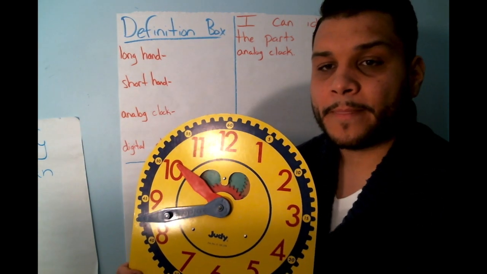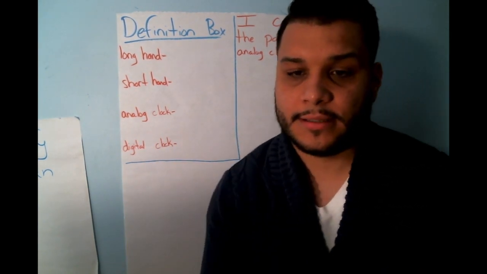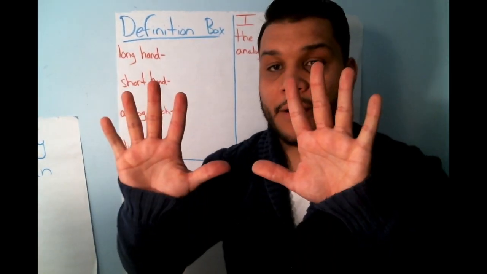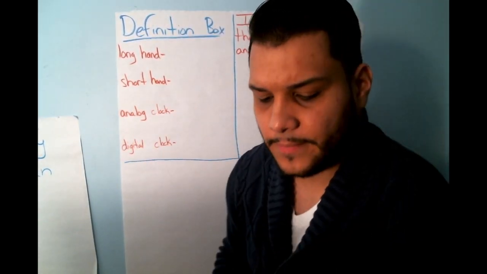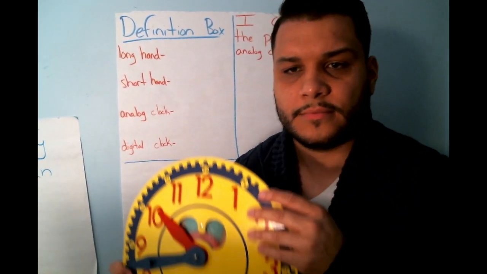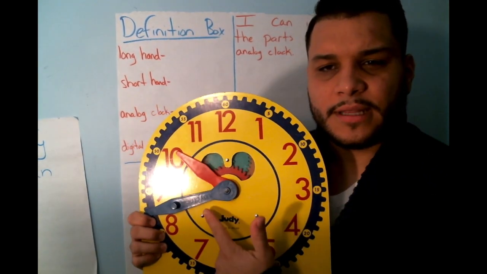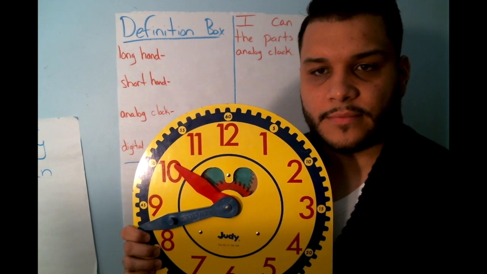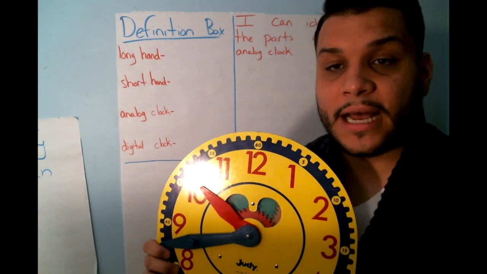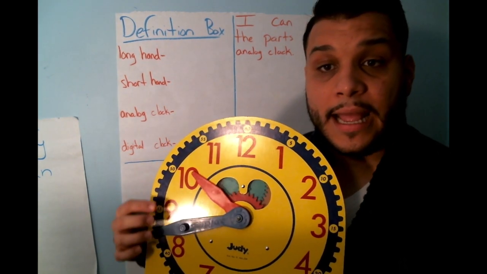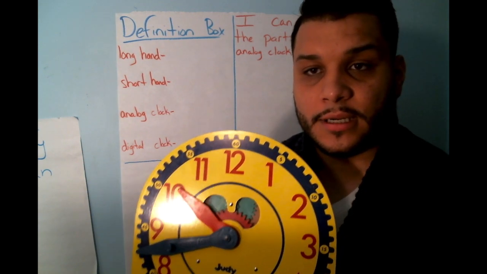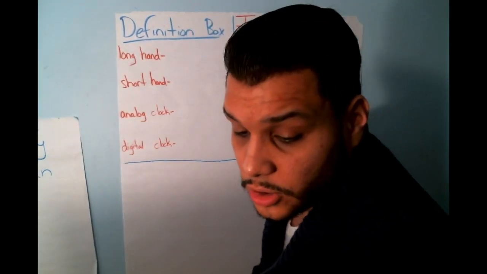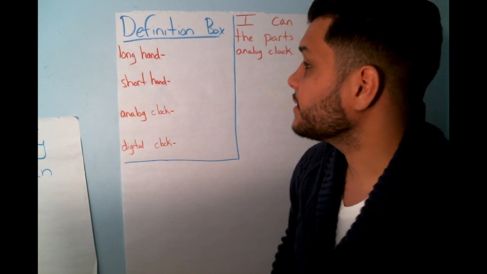Awesome job. Now when we look at our clock, the hands look the same. Can you tell me the difference that you see in the clock's hands? Awesome job. One is long and the other one is short. Those words are also found in our definition box.